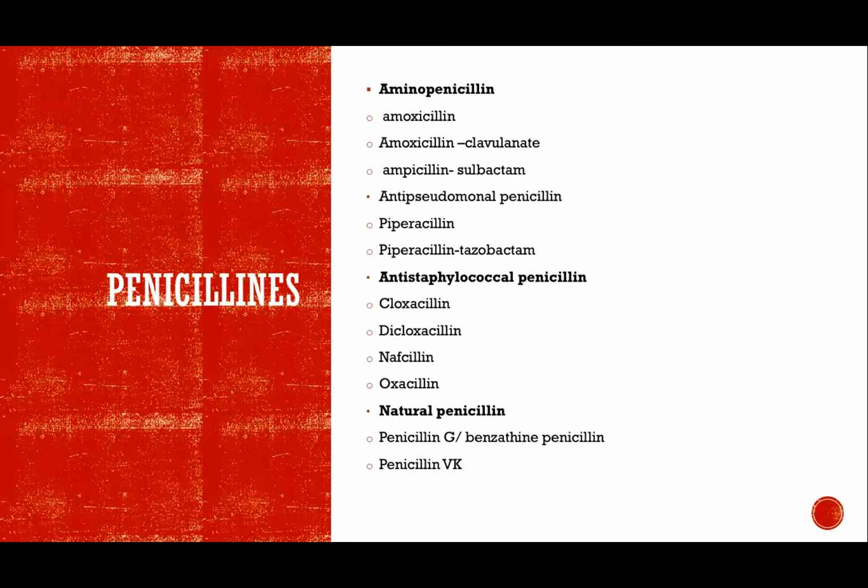Aminopenicillins are amoxicillin, clavulanic acid, ampicillin, and piperacillin-tazobactam. Anti-staphylococcal penicillins are cloxacillin and dicloxacillin, and the natural penicillins are penicillin G and penicillin V. Penicillins are among the most commonly prescribed antibiotics and are effective against a wide range of bacterial infections. Cephalosporins like cephalexin and ceftriaxone are structurally related to the penicillins.